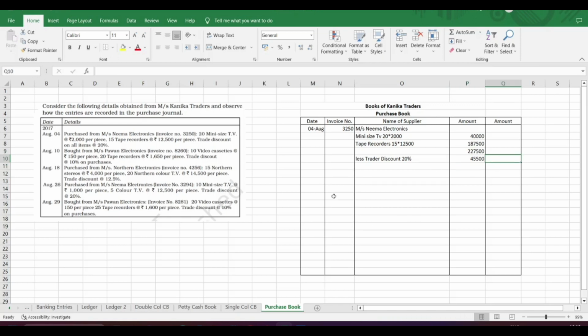So the total from Nima will be total purchases minus trade discount. Here it will be 1,82,000 of credit purchase from our Nima Electronics.